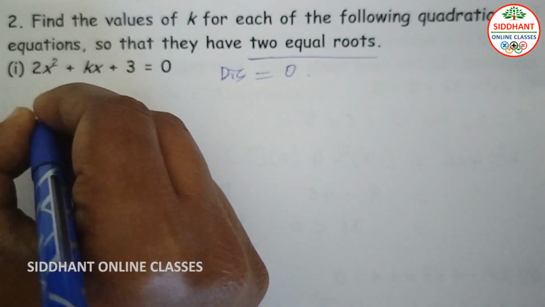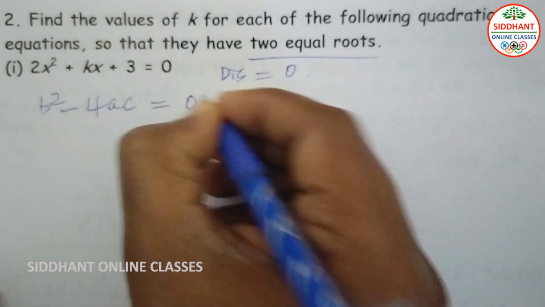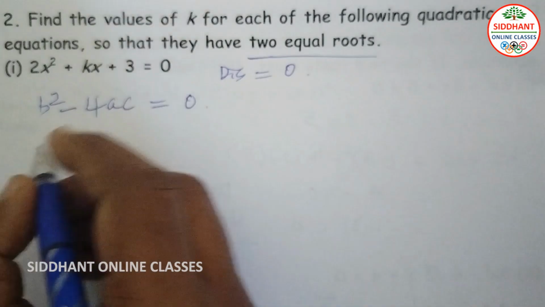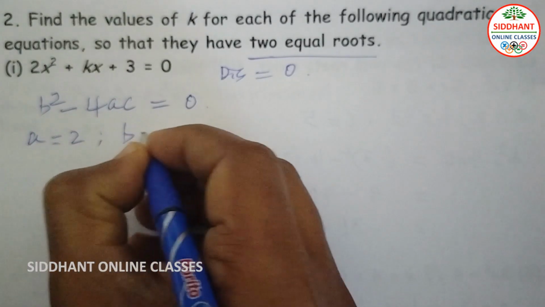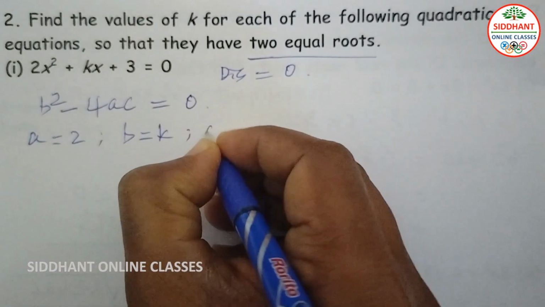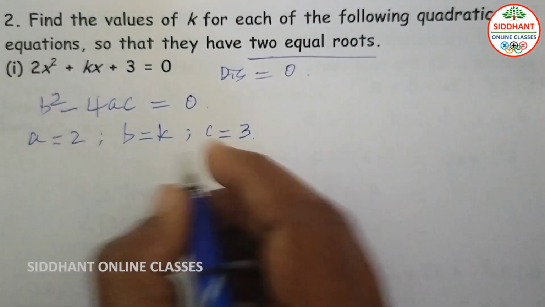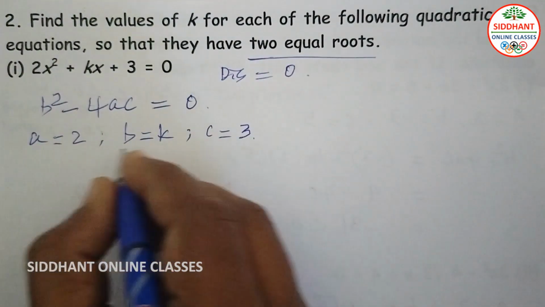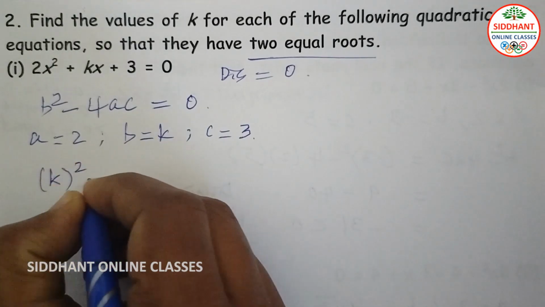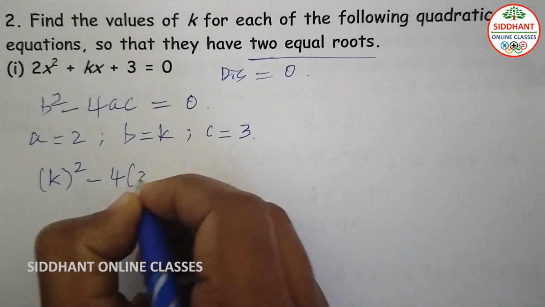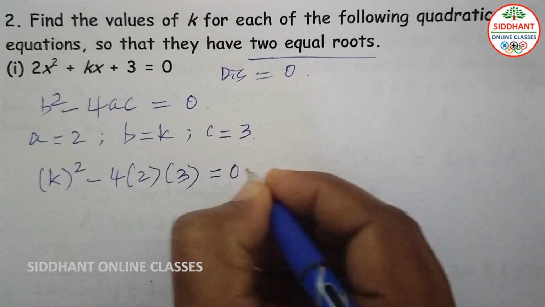That means b² − 4ac = 0. So a = 2, b = k and c = 3 here. So the discriminant is k² − 4 × 2 × 3 = 0 here.